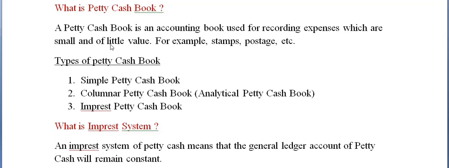So for recording such petty expenses, which are of little amount, of small value, they record them separately. Then we need a separate cash book, and that cash book is known as a petty cash book. Okay.